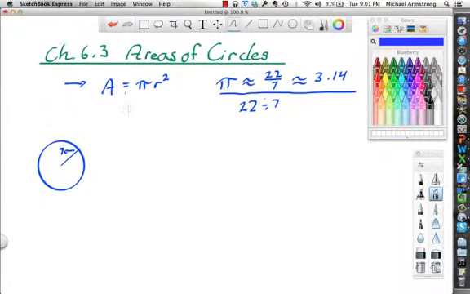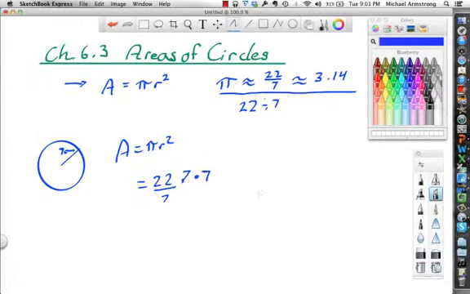Area equals pi r squared. Write this every single time, and then decide whether you want to use the formula with 22/7 or whether you want to use 3.14. This time it's nice to use 22/7 times 7 squared, which is the same as times 7 times 7.